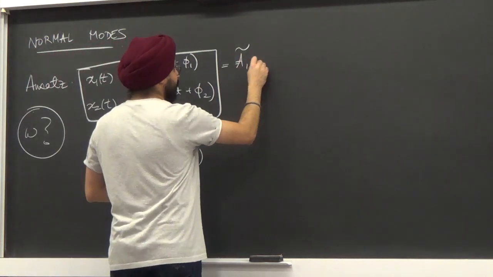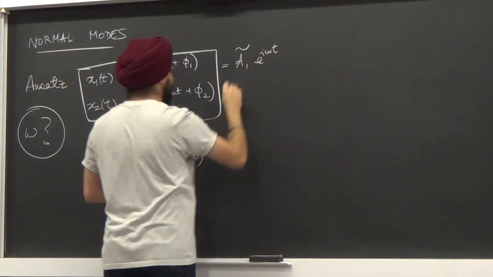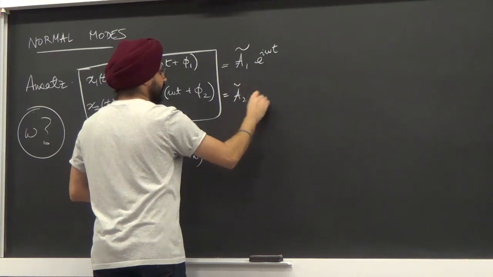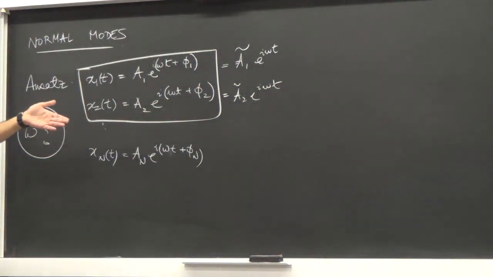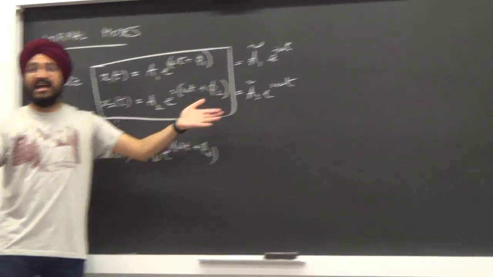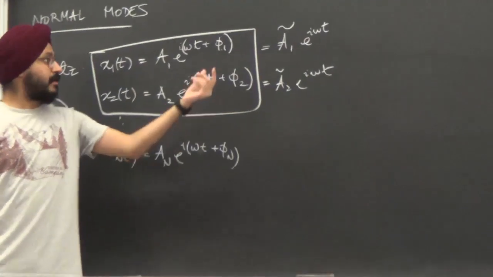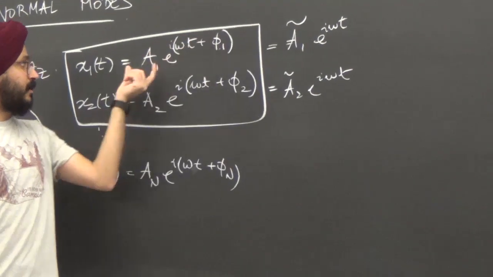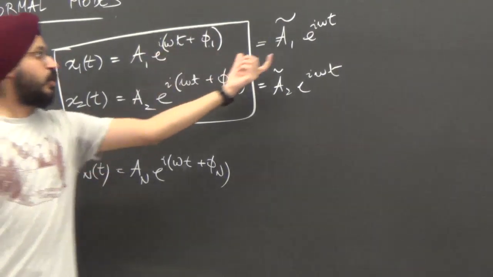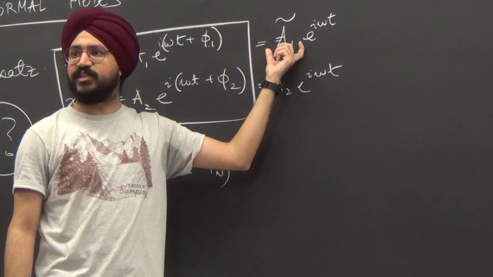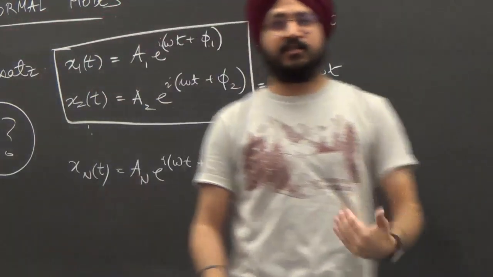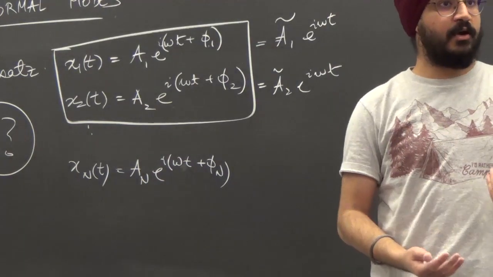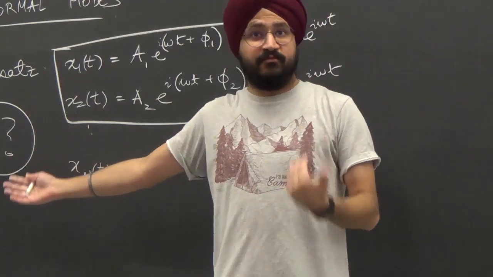So A1 tilde e to the i omega t, and this is A2 tilde e to the i omega t. So it looks nicer. You don't have to worry about the phases individually. You can, no one's stopping you, it won't go wrong. I just pulled the e to the i phi 1, merged it with the A1, called it A1 tilde. You all see it? So that's my ansatz for the normal mode with frequency omega, which I want to find.